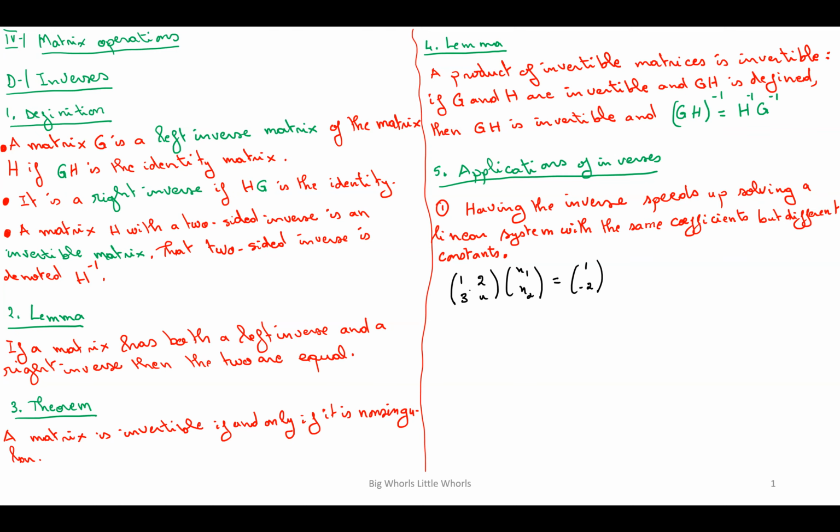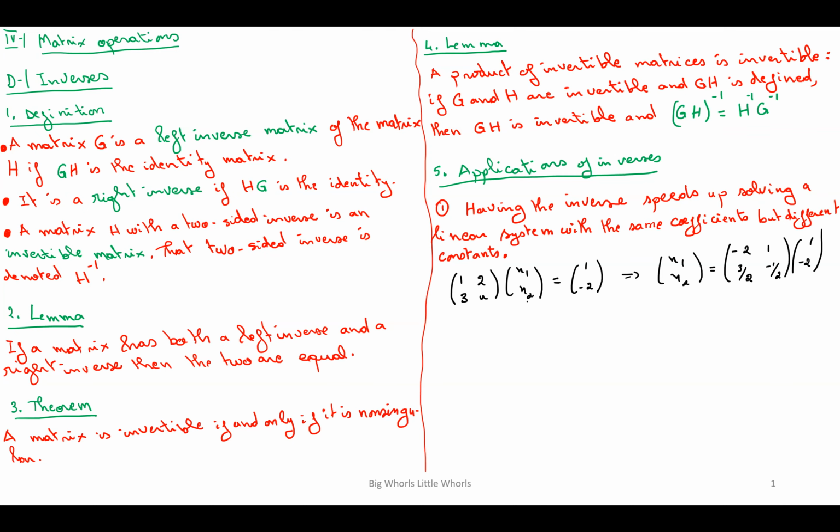If we know the inverse of that matrix, and I'm going to give you the inverse, we can just say that the solution x1 x2 is equal to the inverse of the matrix, minus 2 1 3 over 2 minus a half, times 1 minus 2.